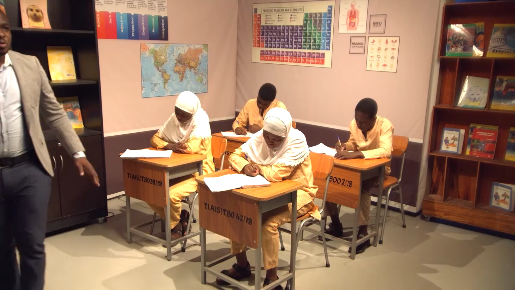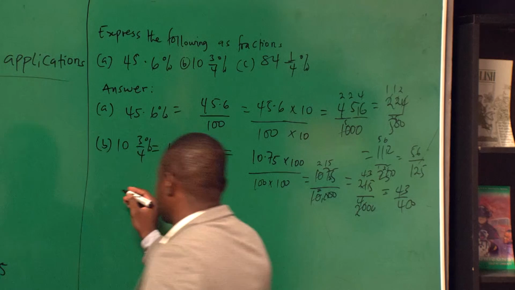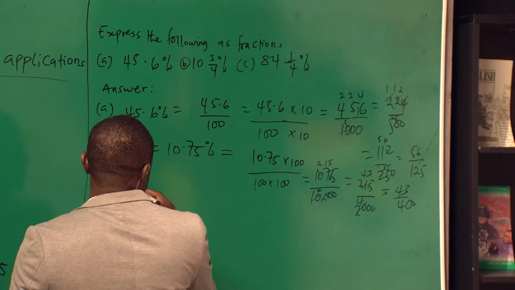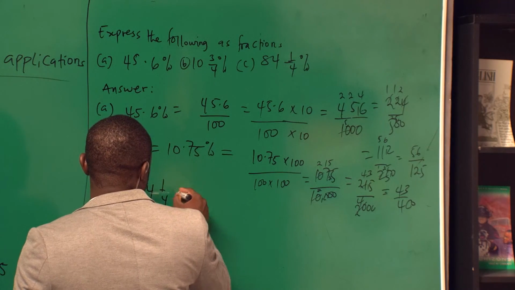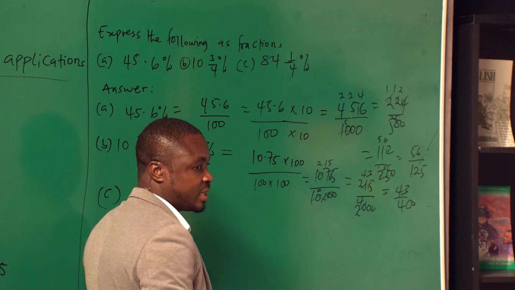Okay, so viewers, let's all do it together. We look at the C. You are having 84 and 1 over 4. How do you rewrite it?